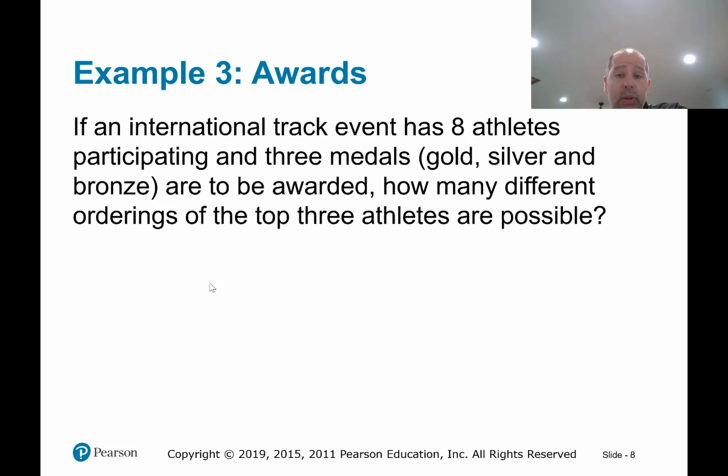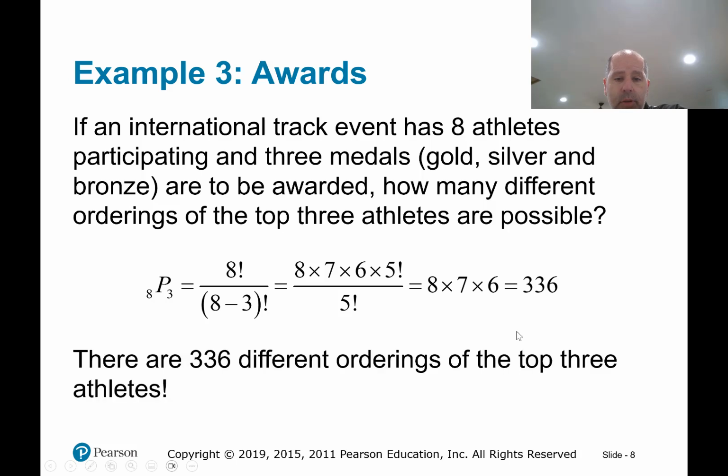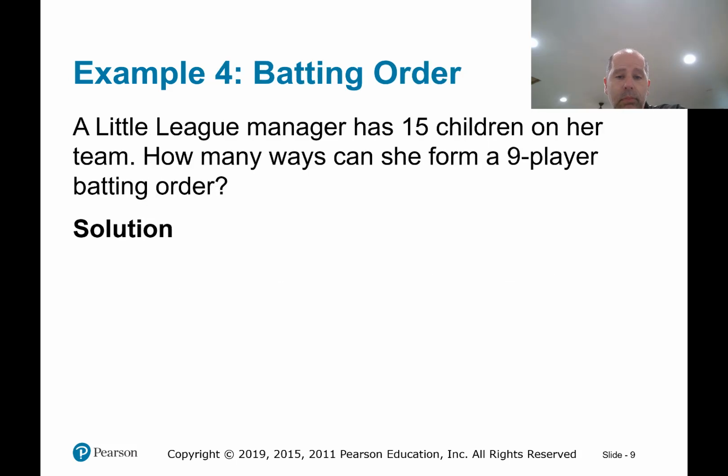And once the gold is filled, how many athletes can get silver? 7. And then finally, we have 6 left over that could get bronze. And so again, all we do is take the 8, 7, 6 and multiply them together. But as you can see here, the formula reduces to the exact same thing. So we get 336 different orderings for the top 3 athletes for bronze, silver, and gold.